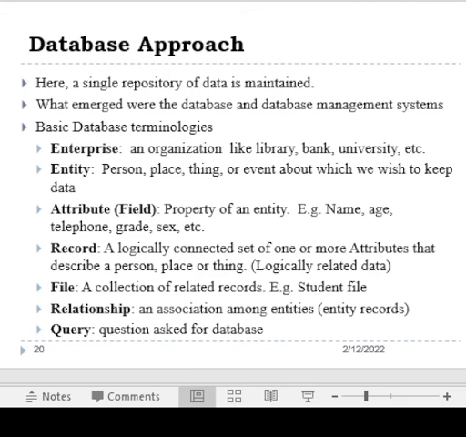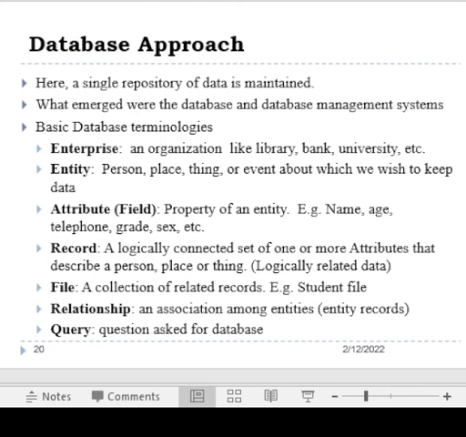There is application independence in the case of a database. But in the case of a file-based system, there is application dependency. A file-based system uses an application-dependent management system.